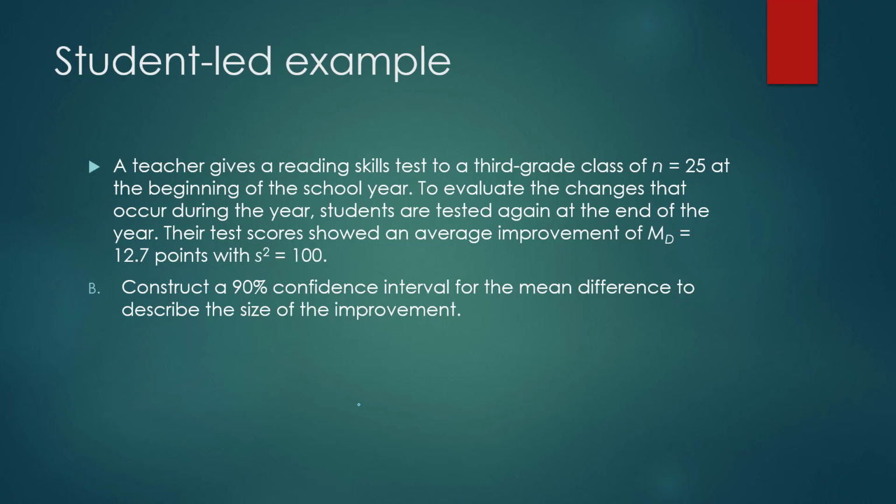Next, we're going to construct a confidence interval. So we want to construct a 90% confidence interval. That means we're going to look up in our table for the critical t for the formula.